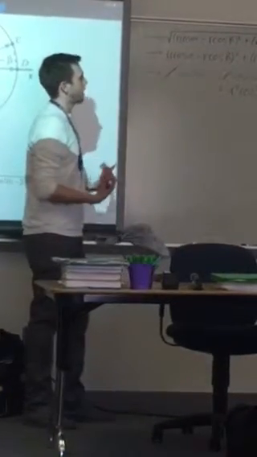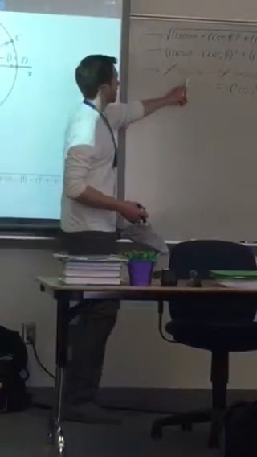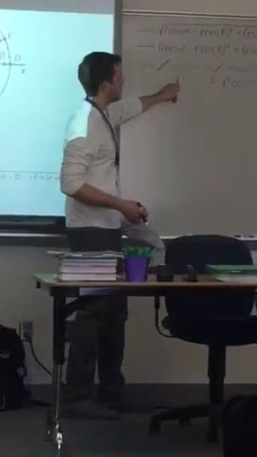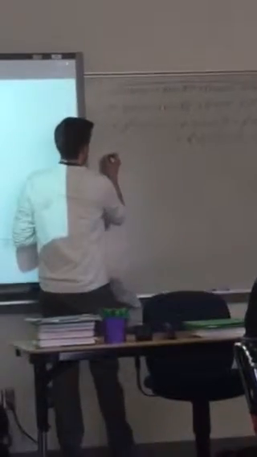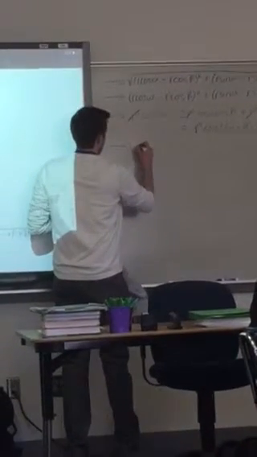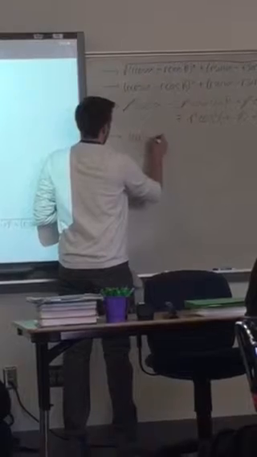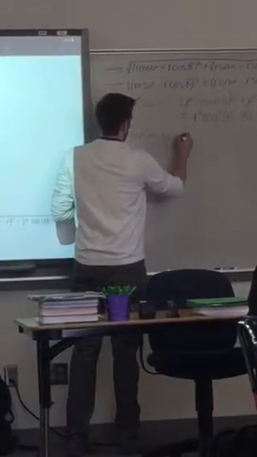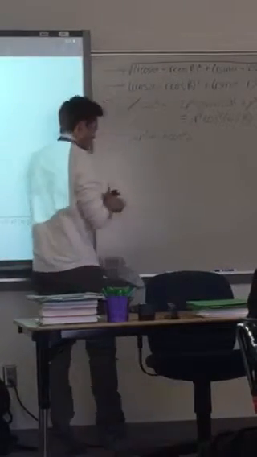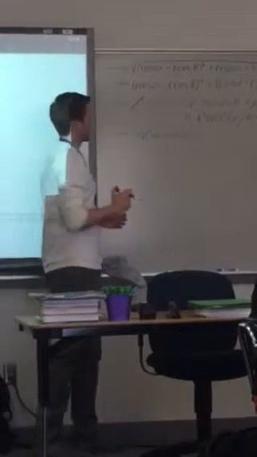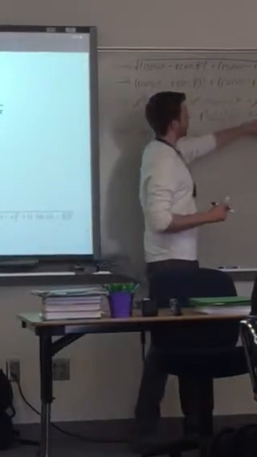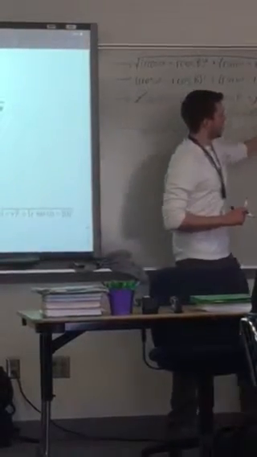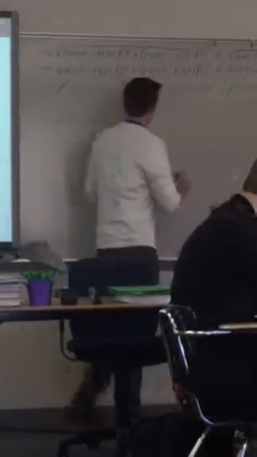So now let's rearrange. We have a cosine squared alpha here, and we have a sine squared alpha. Let's write those together. So this is a new step. Sine squared alpha plus cosine squared alpha. Excellent. We'll get there in just a second. We have a cosine squared beta and a sine squared beta.